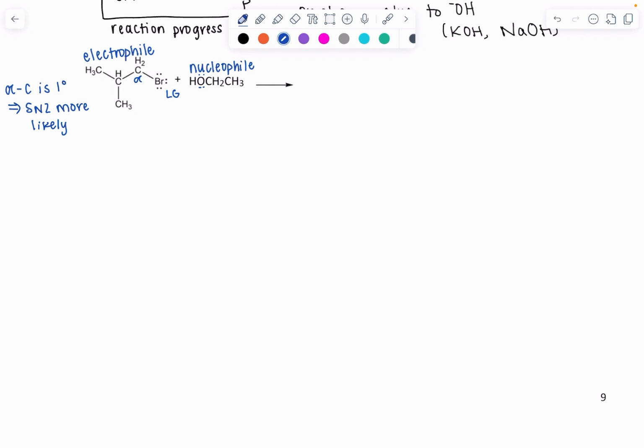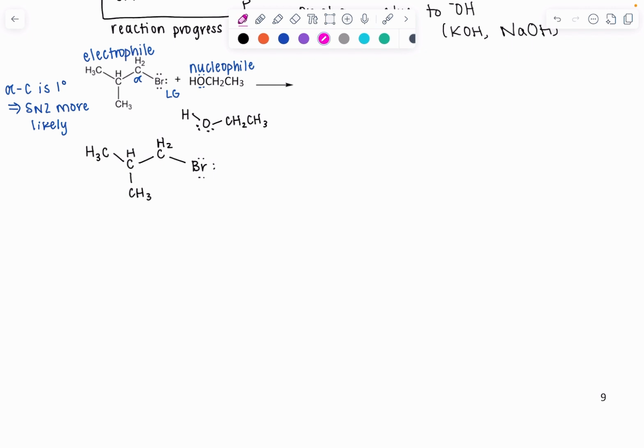Okay, let's draw the mechanism. So I'm just going to copy down the electrophile and nucleophile. And then for the nucleophile, let's draw out the bonds here. So we have oxygen bonded to a hydrogen and then a CH2CH3. Just drawing out the bonds to oxygen, since that's the atom with lone pairs, that's what's going to be involved in the reaction.